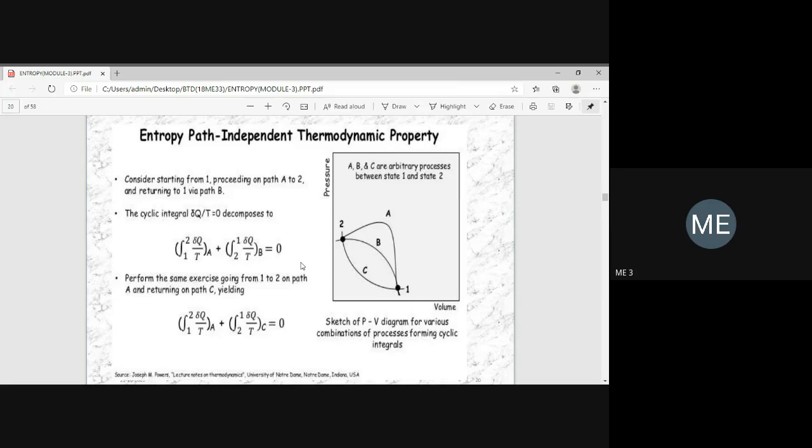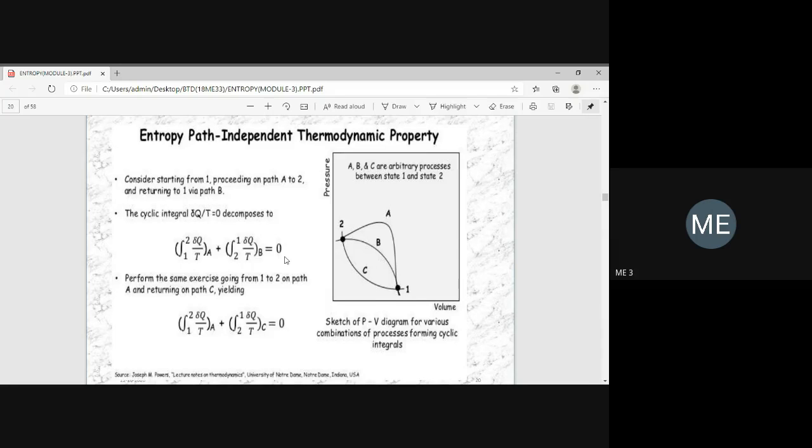Because we are considering a cyclic process, first we are taking A and B, that is, the summation of dq by T is 0 according to the Clausius theorem. First we are taking the two paths, 1 to 2 by A, and then 2 to 1 by following path B. So integration of dq by T for path A, that is 1 to 2, plus integration of dq by T for the path 2 to 1 for path B equals 0.